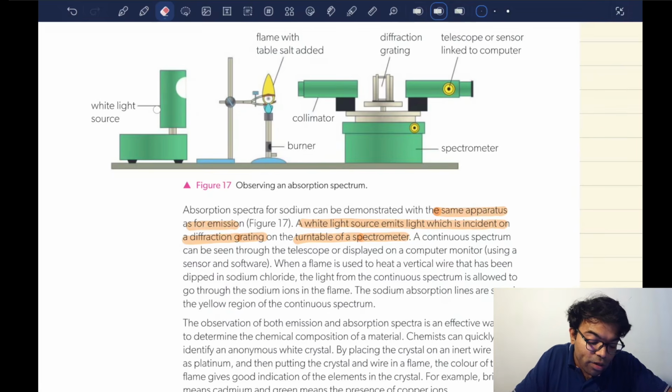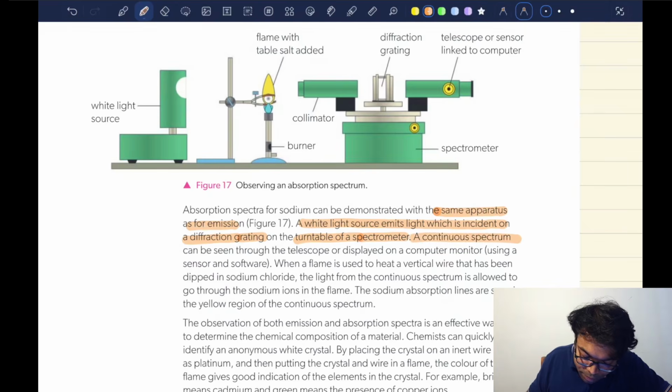Now, what is happening? A source of white light is there. Now, a continuous spectrum can be seen through the telescope or displayed on a computer monitor using sensors and software. A flame is used to heat a vertical wire that has been dipped in sodium chloride, and the light from the continuous spectrum is allowed to go through the sodium ions.